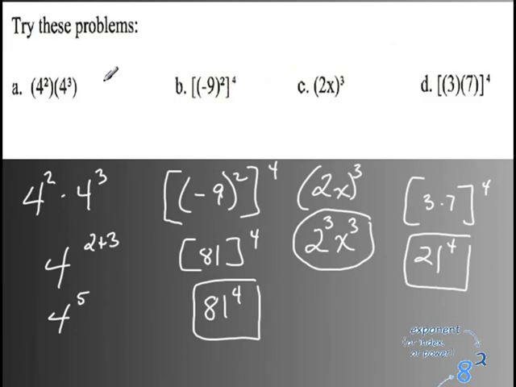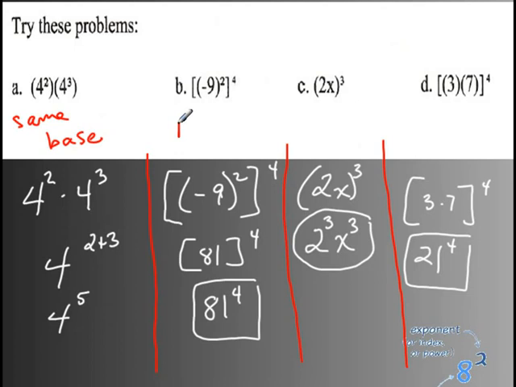Okay, so we're going to try these problems. If you just look at these examples, this is same base. That's that first rule. Because they have the same base, I just add the exponents.